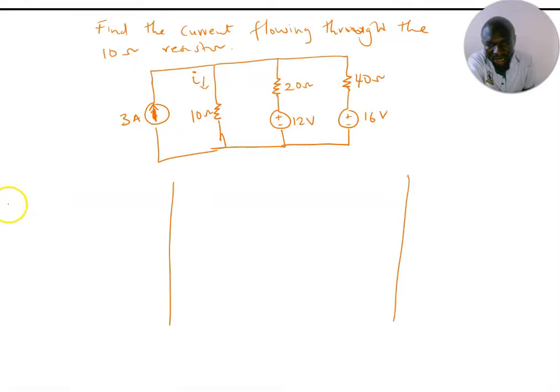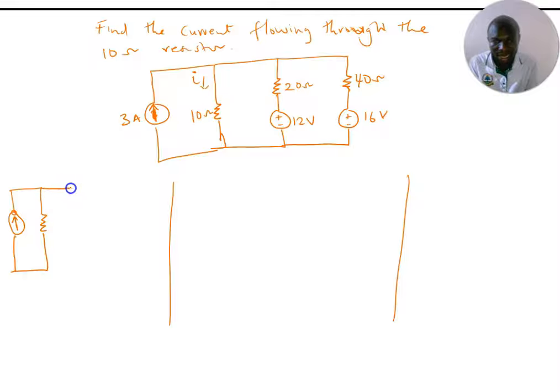The first one, let's maintain the current source. We focus on removing the other sources. So I have my 10 ohm resistor here.